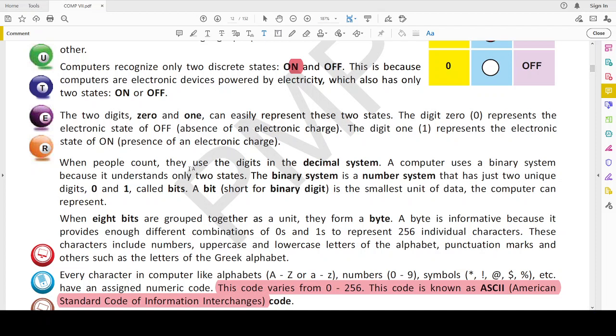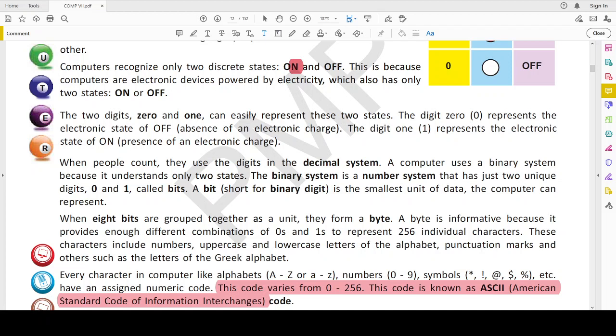When people count, they use the digits in the decimal system. A computer uses a binary system because it understands only two states.